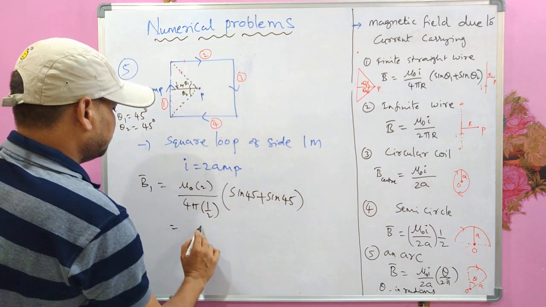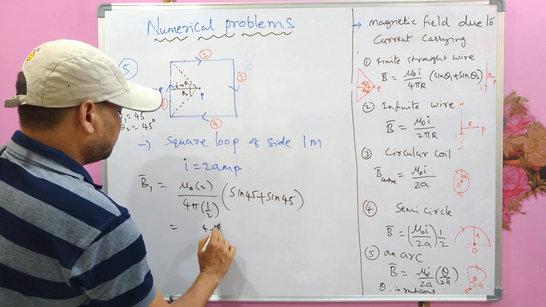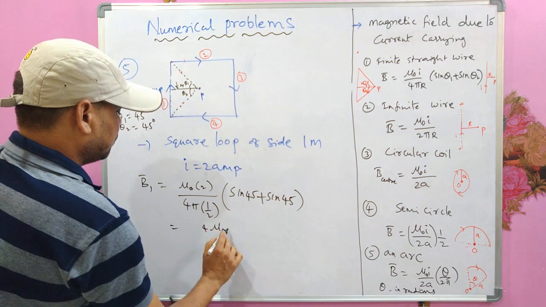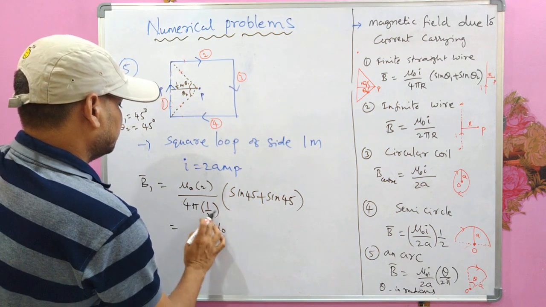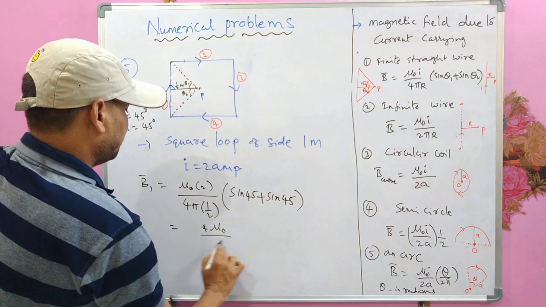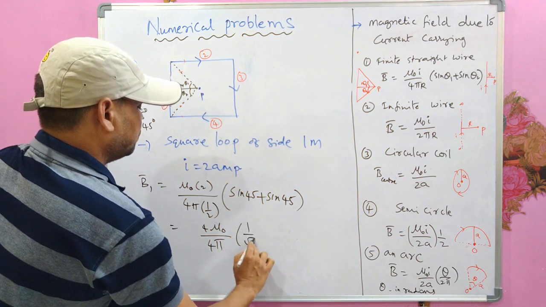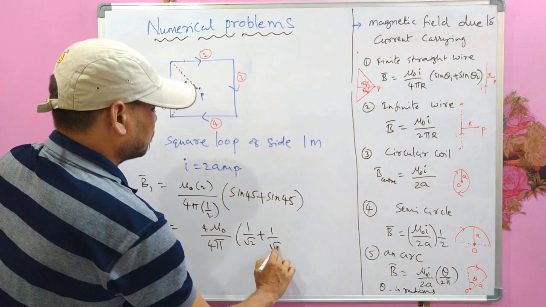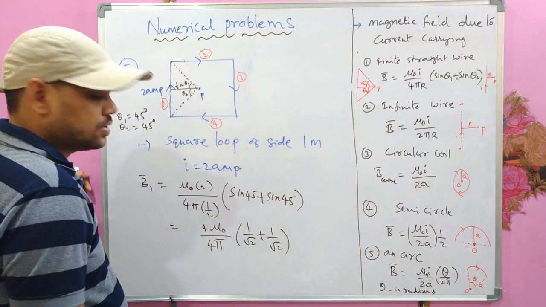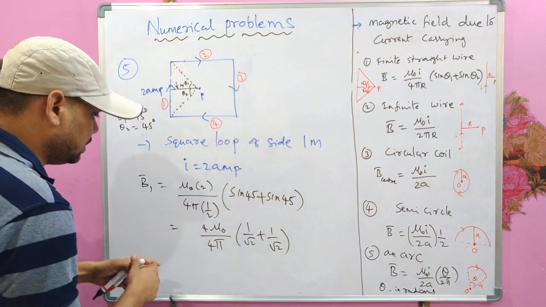This 2 goes up, so 4 mu naught by 4 pi into 2 by root 2, 4 cancels.